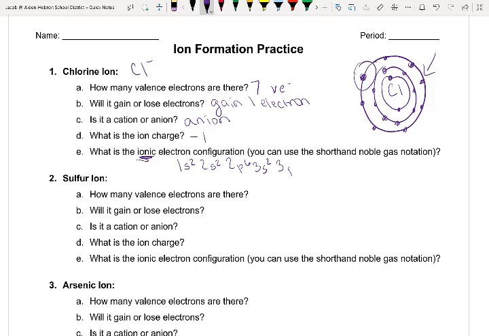And then 3p6, which will take care of aluminum all the way through argon. Again, it usually is 3p5 for regular chlorine. We stop at 5, but because we have this 1 extra electron, you add that extra electron here as well to give you that 6. Okay.